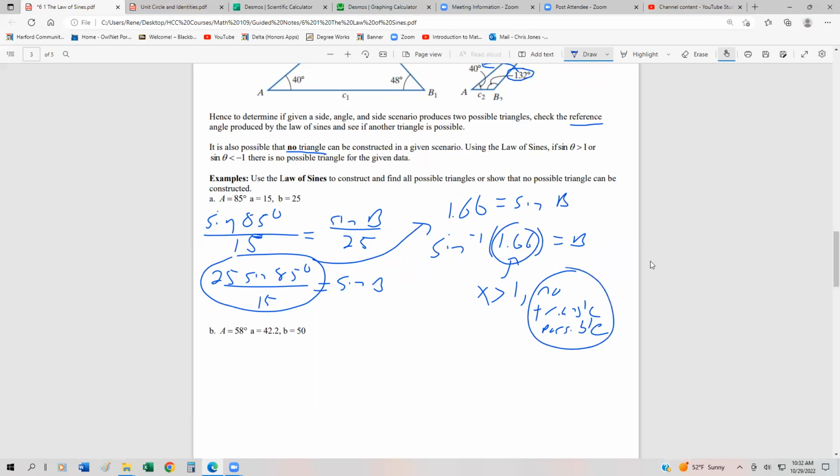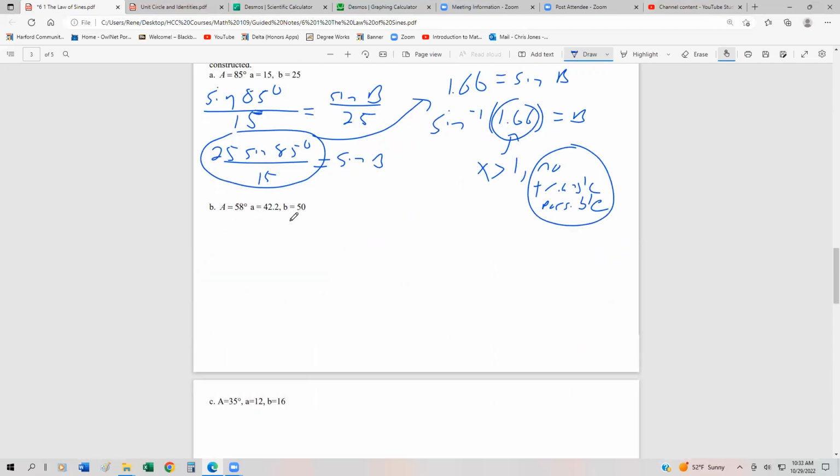All right, a second example. We have A is 58, side a is 42.2, and side b is 50. Since we're looking for an angle, I'm going to say that the sine of 58 degrees divided by side a, which is 42.2, is equal to sine B divided by side b, which is 50. We can multiply both sides by 50.